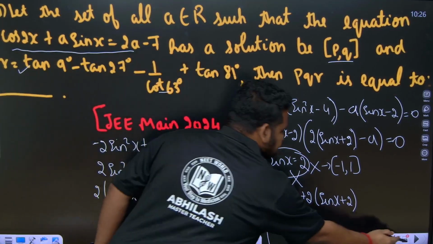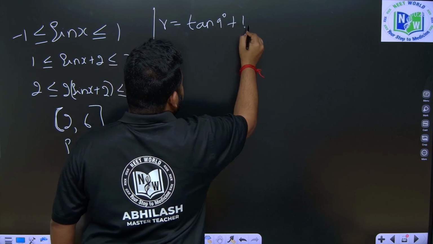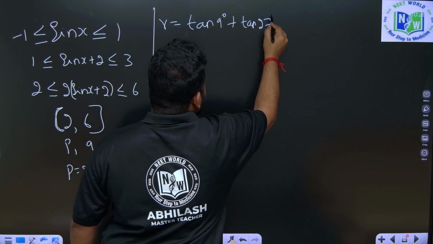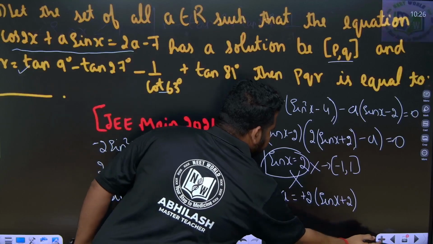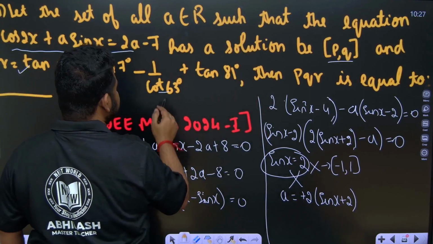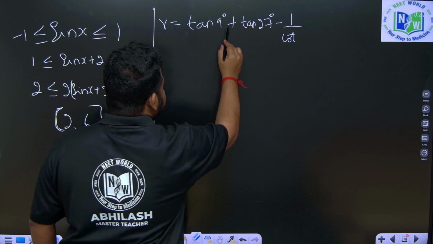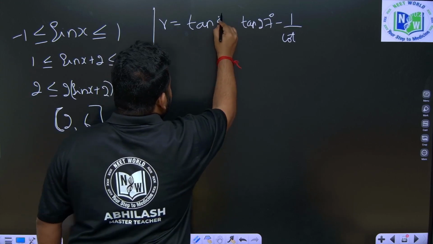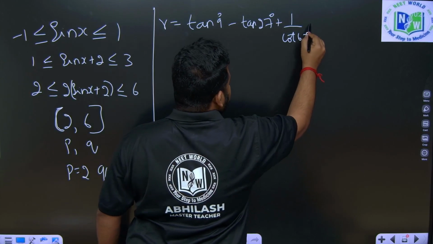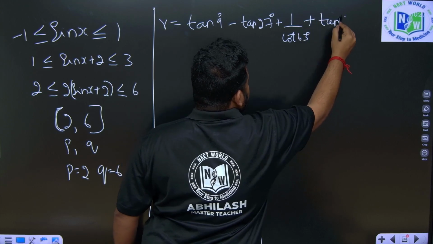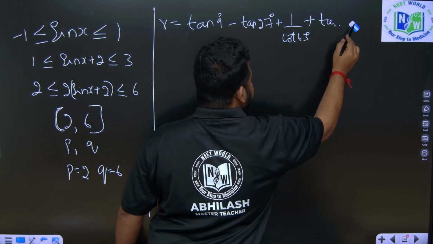Let us write it down: R is equal to tan 9 degree plus tan 27 degree minus 1 by cot 63 degree plus tan 81 degree, this is what they gave.